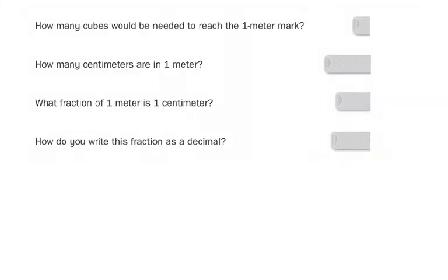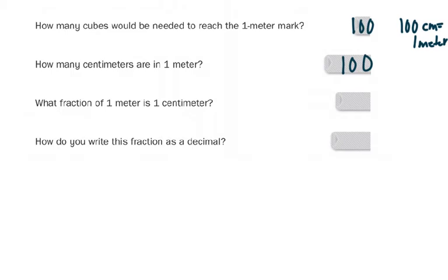How many cubes would be needed to reach the 100 centimeter mark? There's 100 centimeters in 1 meter. And each of those cubes is a centimeter, so there would be 100 of them. How many centimeters are in 1 meter then, everyone? 100. Now, on your whiteboard, write what fraction of 1 meter is 1 centimeter.